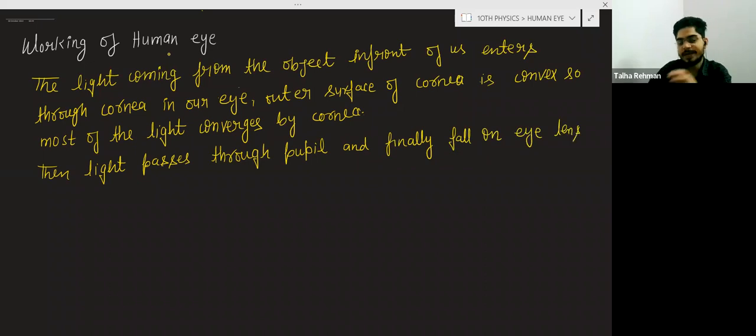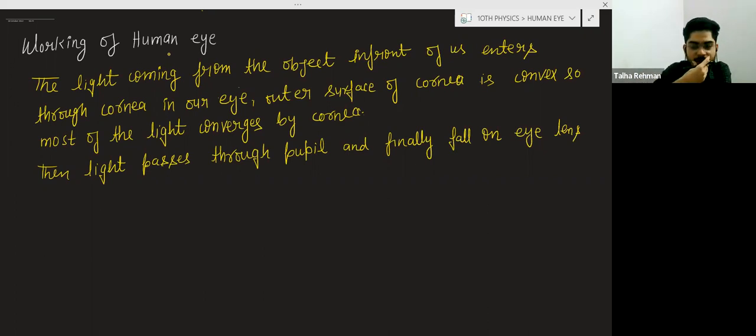So now the light is falling on the eye lens. The eye lens is a convex lens. So what will the eye lens do? The eye lens will converge the light rays, and due to that convergence, the image will form on the retina.